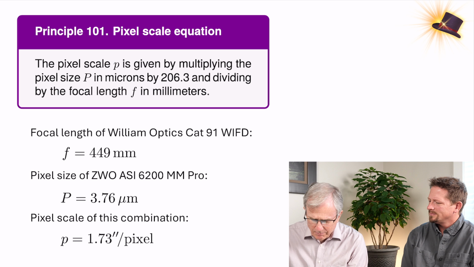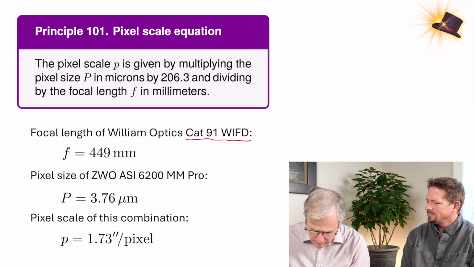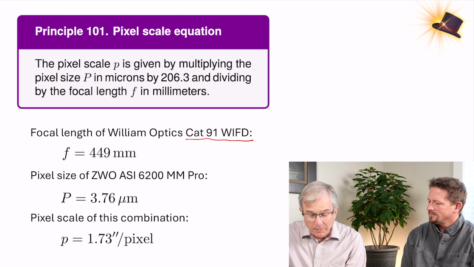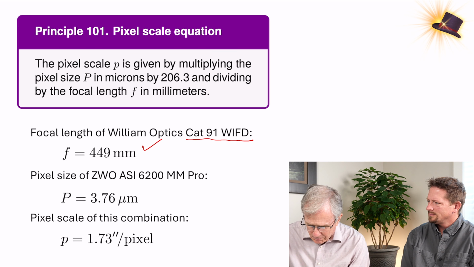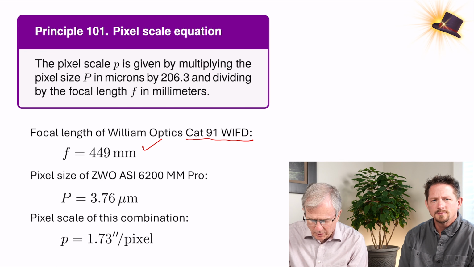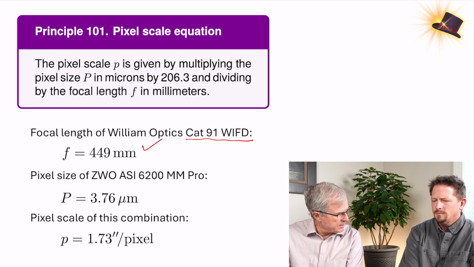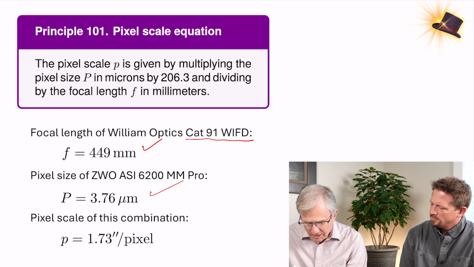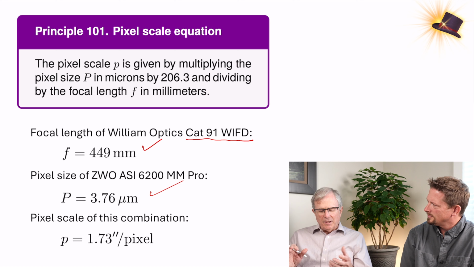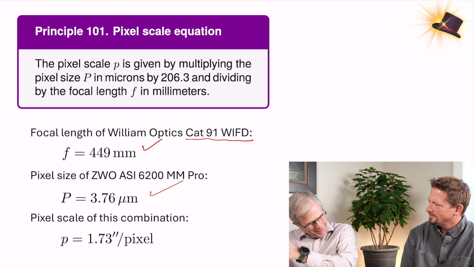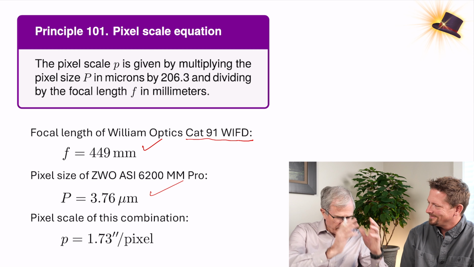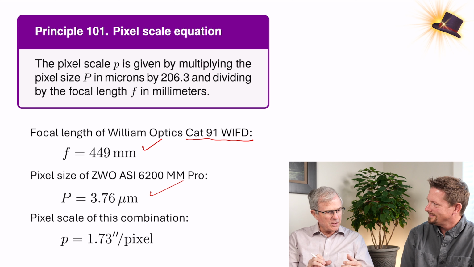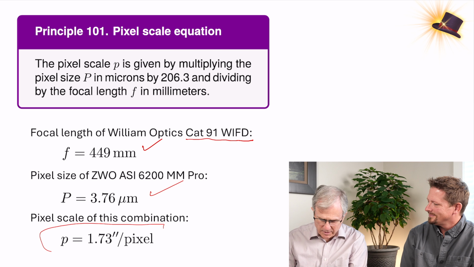Okay, so this is the same principle, just applying it to one particular telescope. We own a William Optics Cat 91 WIFD. It has a focal length of 449, roughly twice that of the C-Star S50. Interestingly, this pixel scale equation involves the focal length, which is related to the optics in the telescope, and the pixel size, which is related to your camera, and those two play against each other to figure out what the pixel scale is.